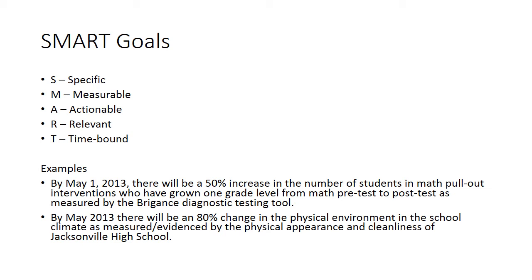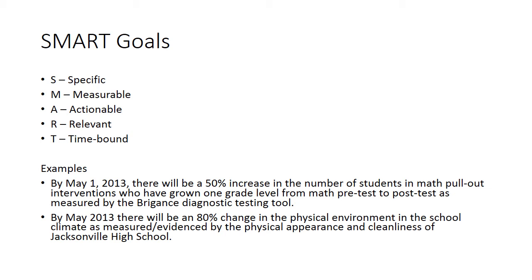By May 2013, there will be an 80% change in the physical environment in the school climate as measured or evidenced by the physical appearance and cleanliness of Jacksonville High School. It's specific, it's measurable, 80%. You could probably think of ways to measure whether the school facility is cleaner.